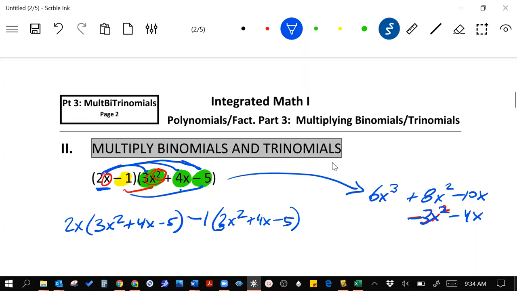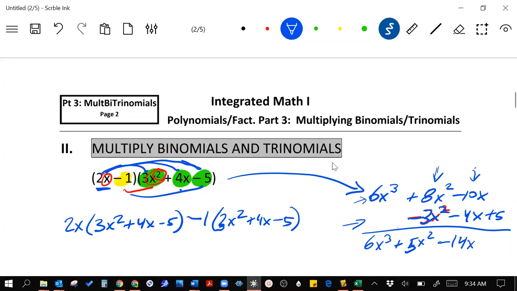And negative 1 times negative 5 is positive 5. So I get a 6x cubed plus 5x squared. This method of putting them on two lines, underneath each other, the like terms underneath, makes it a little bit easier to combine the like terms afterwards. And then that looks like it's going to be negative 14x, and that's going to be plus 5.